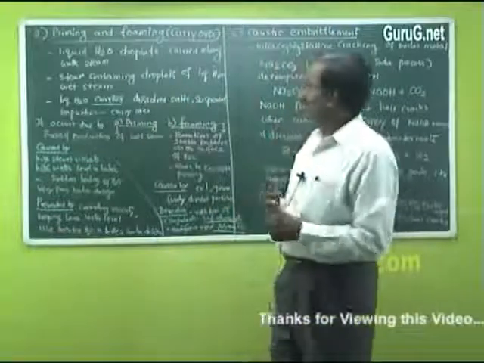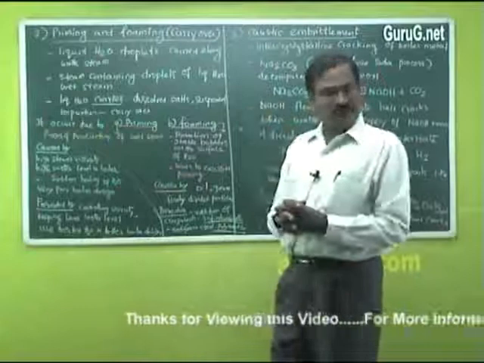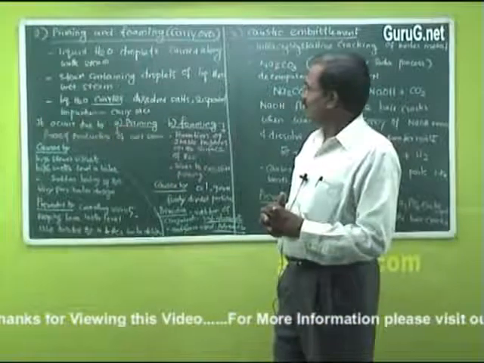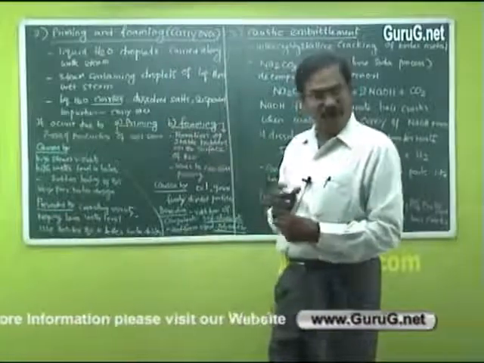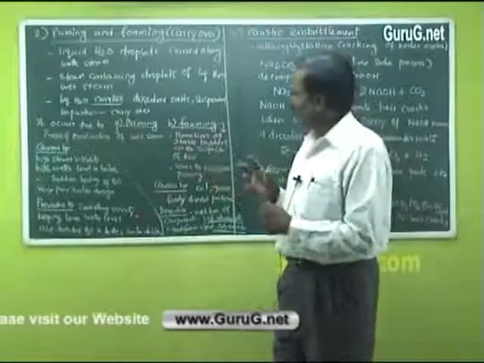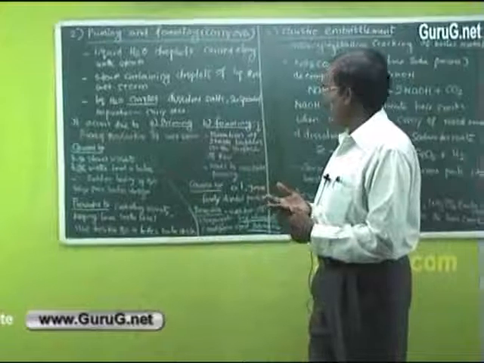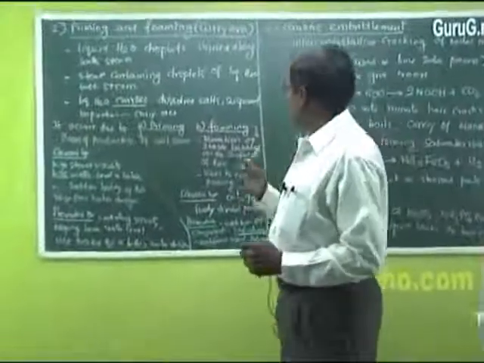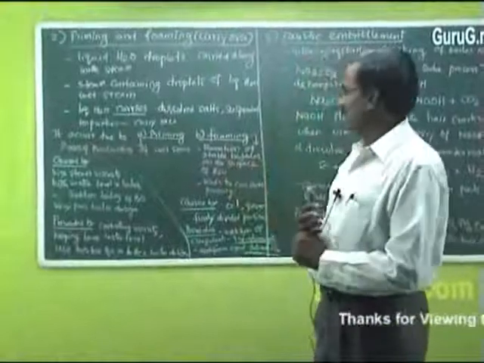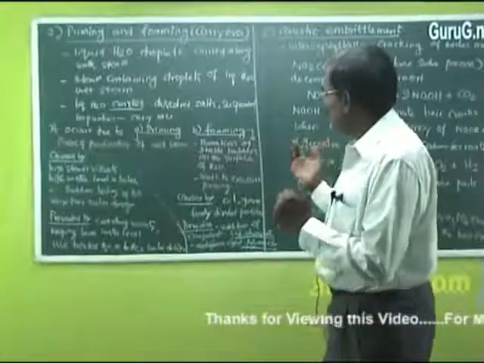It is very simple. When water is boiling vigorously in a boiler, liquid droplets go with the steam, and these droplets carry some dissolved salts and suspended impurities. It is called carryover. This carryover occurs because of two means.